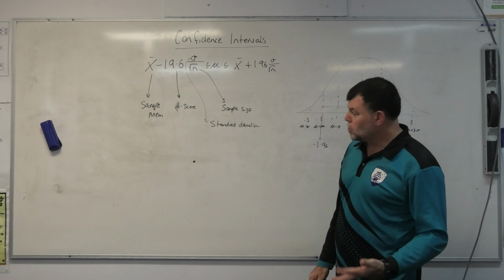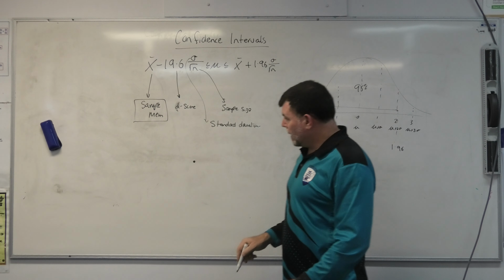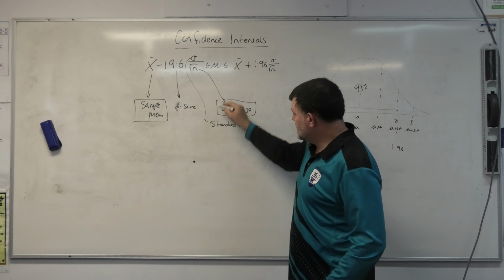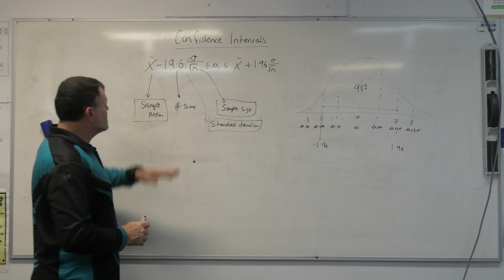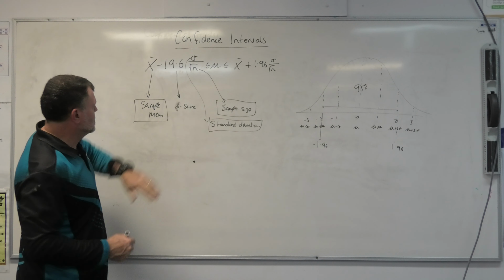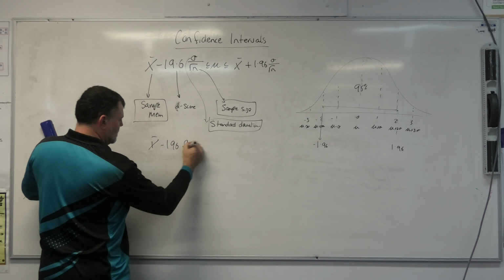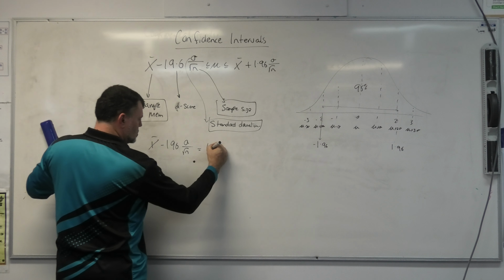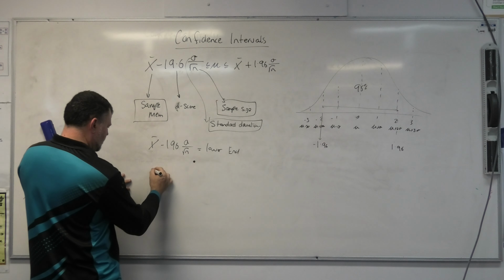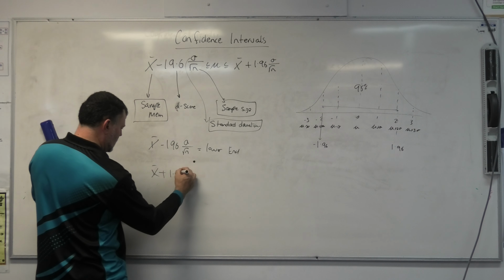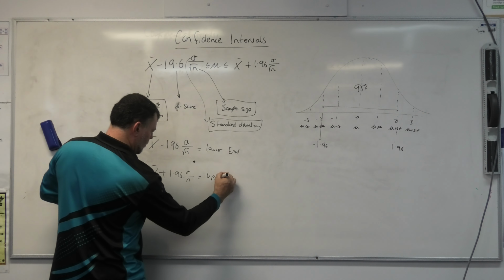So when it comes to your confidence interval, the three main things that you will always need are your sample size, your sample mean, and your standard deviation. We can also split this up into different sections, where x minus 1.96 times the deviation over the square root of n is known as your lower end, and x plus 1.96 times the deviation over the square root of n is your upper.